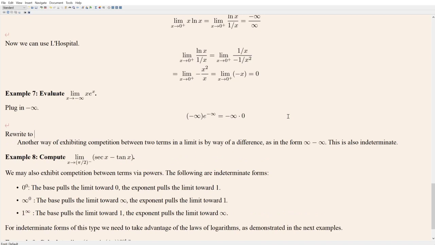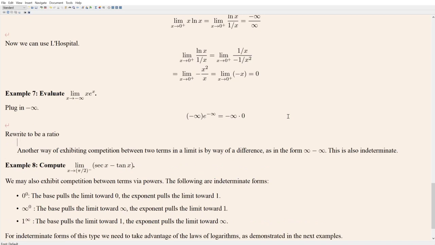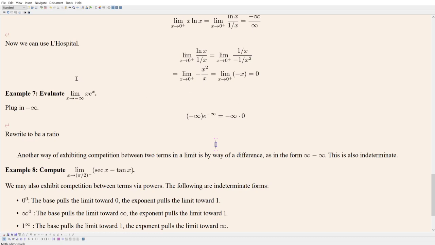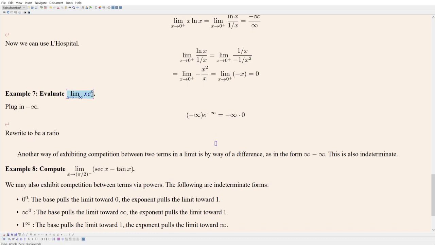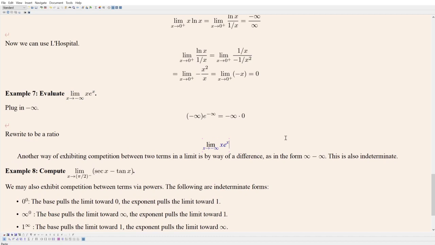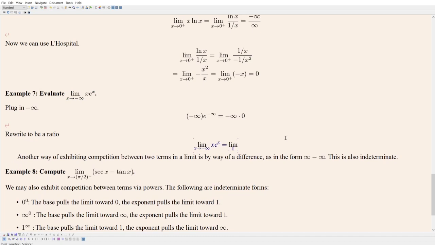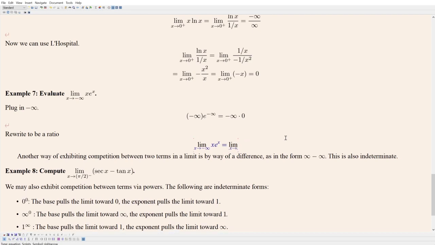So we rewrite to be a ratio, and then hopefully L'Hopital will be applicable. So, how should we rewrite this?